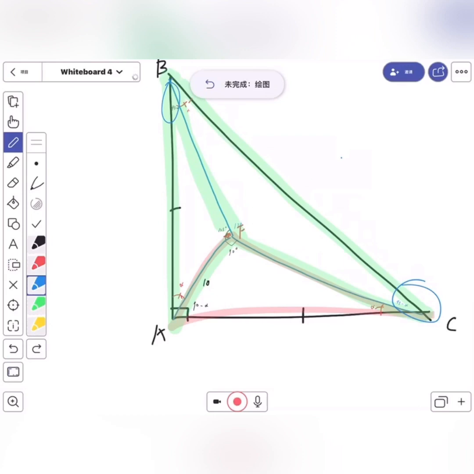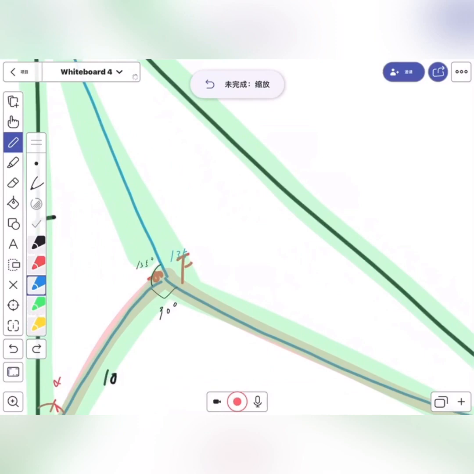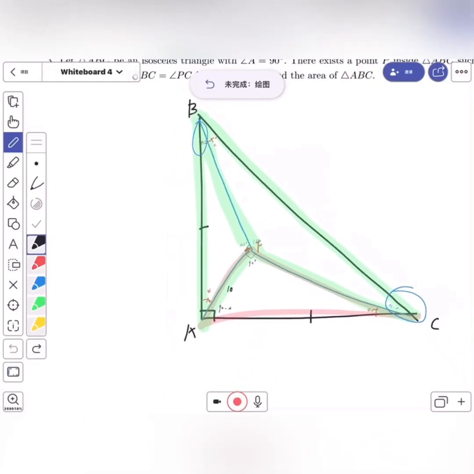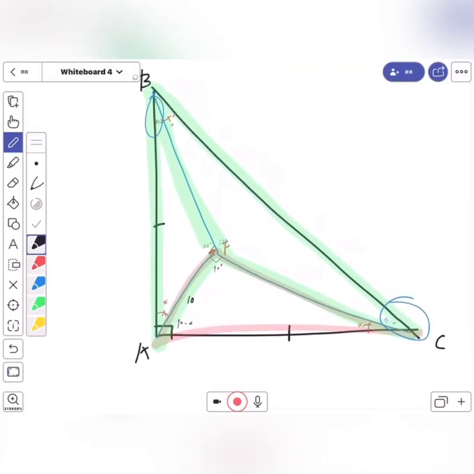Now what? How do you proceed? Now if we look at the opposite of this angle, you can see that this length actually corresponds exactly to the length of triangle PBC. And this can also be used.